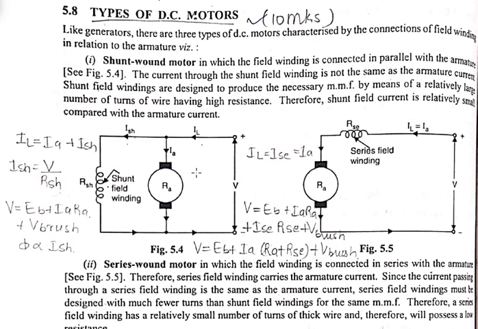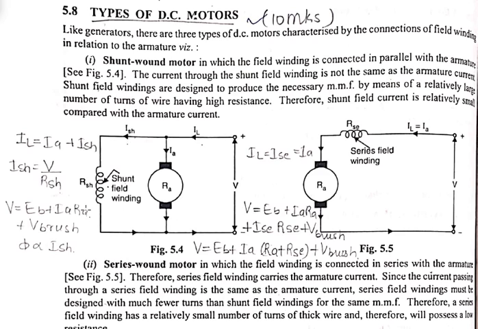In case of a shunt wound motor, this is the representation of the armature winding, and these are the two brushes, and the armature winding has an armature resistance of Ra, and Ia represents the armature current.